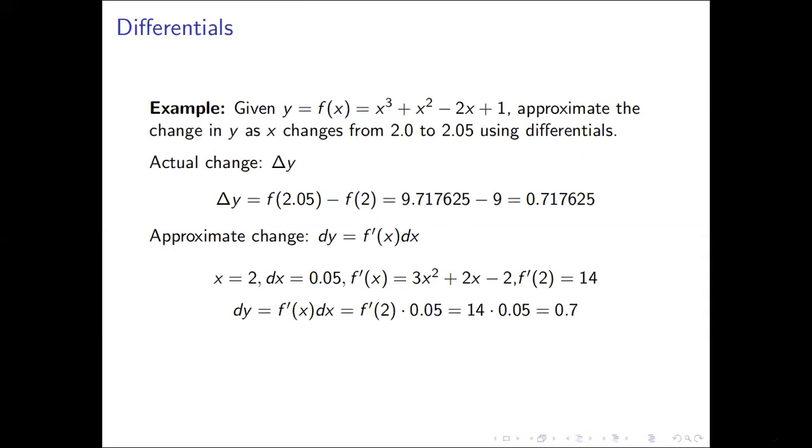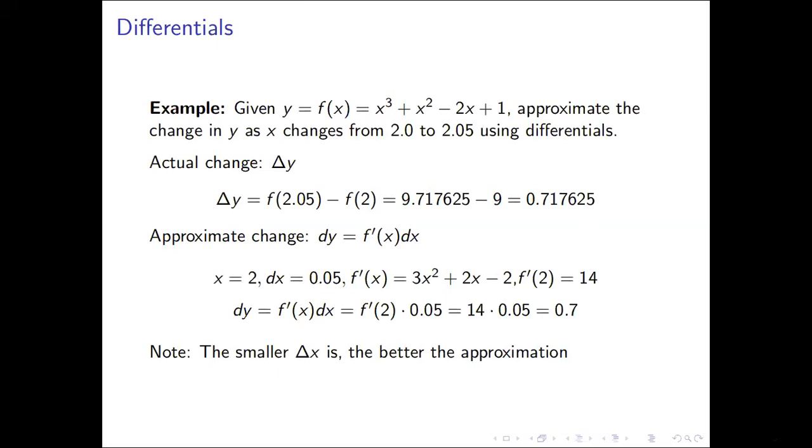Now, what does this do? It approximates the actual change. Note that the actual change is 0.717625. The approximate change is 0.7 and not bad. In fact, it's a good approximation since the change in x is very small. It's just 0.05. In fact, the smaller the change in x is, the better the approximation will be.